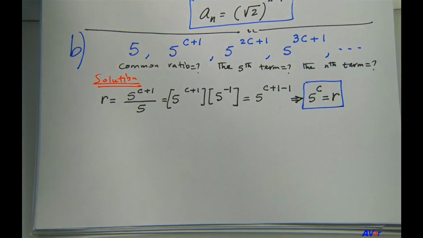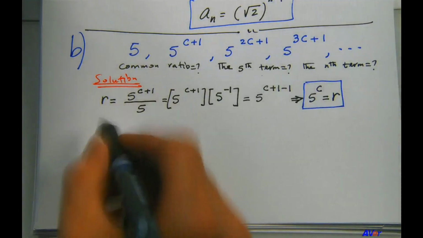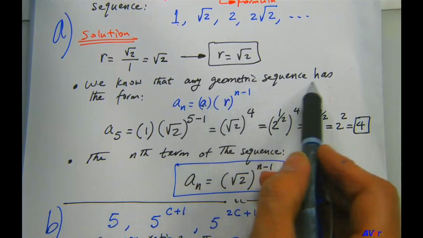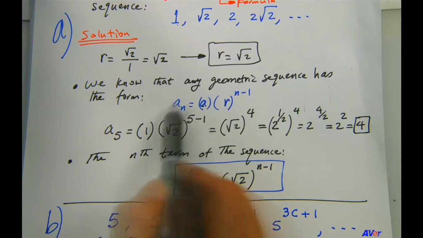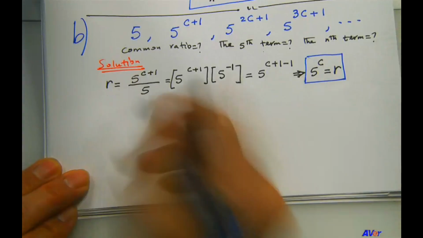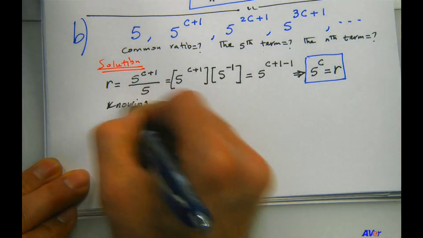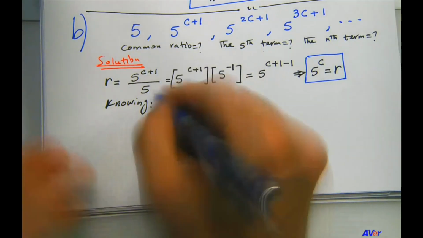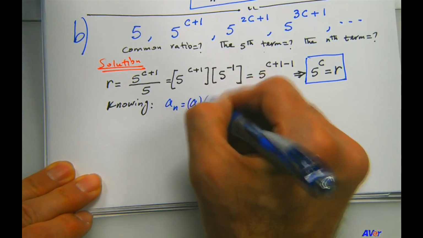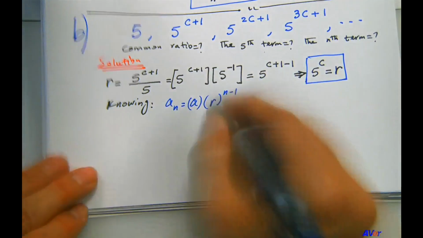Okay. So the next thing we have to do is find the fifth term. Just like previously, we know that any geometric sequence has this form. So knowing that a sub n, or the nth term, is equal to a times r to the n minus 1 power, then let's plug in.